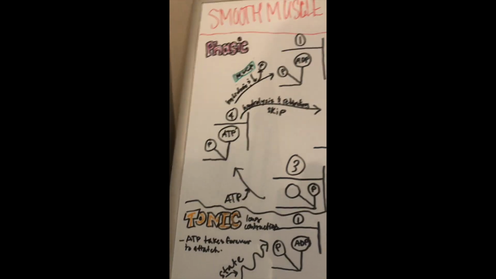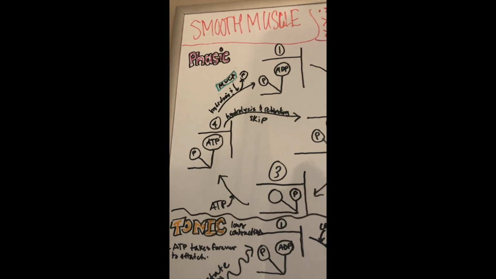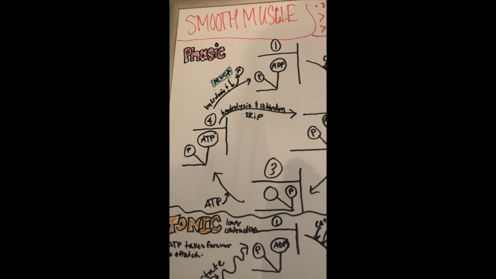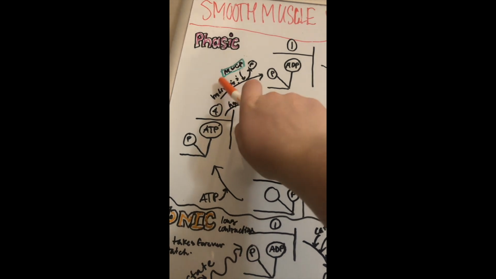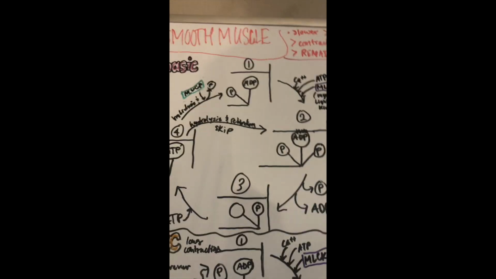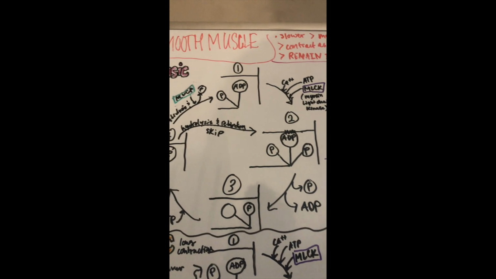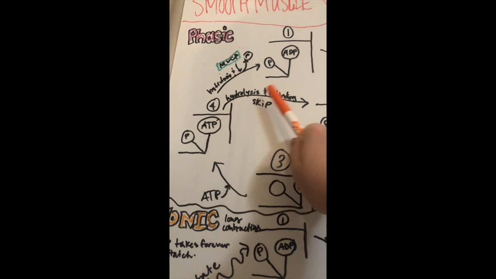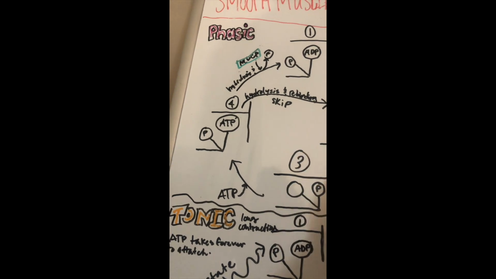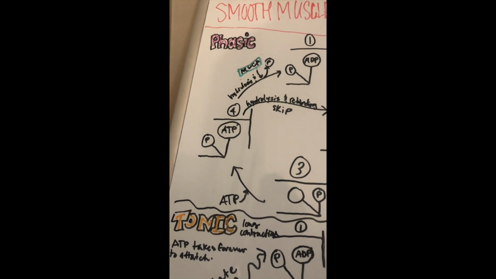Then when we go to add ATP, this flips over to this side and our ATP binds. Now this has two different ways that it can go. You can either have hydrolysis and rebinding, so it skips this step, or you have hydrolysis and your MLCP comes in, getting rid of your phosphate. If you skip and rebind, you just go to this point where you add another phosphorus.